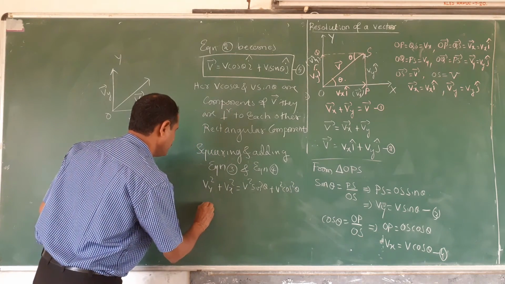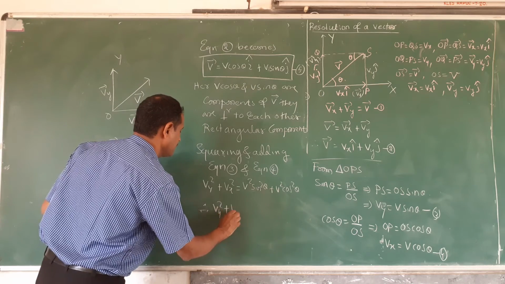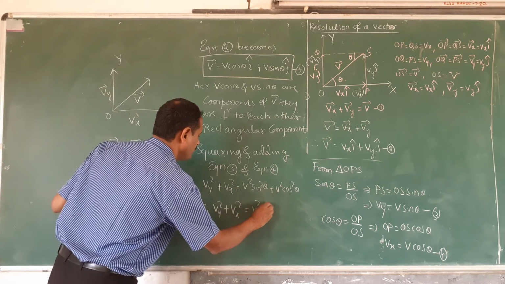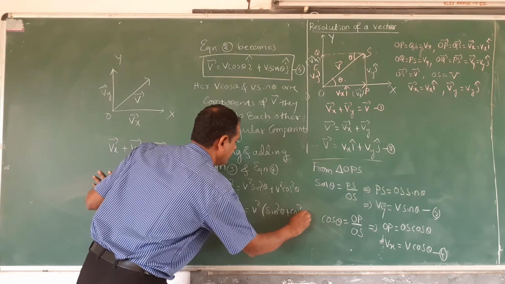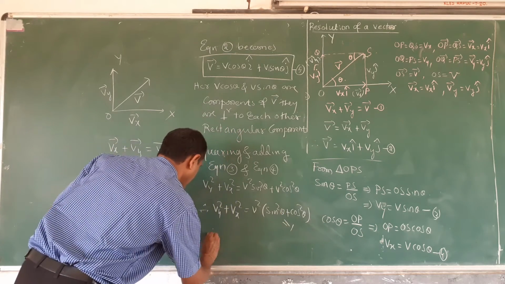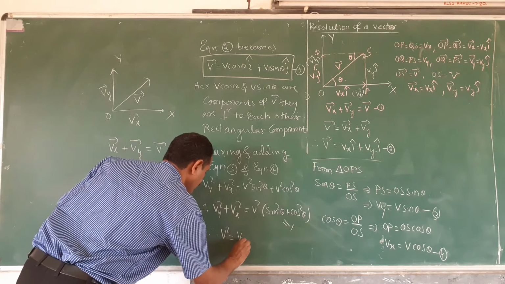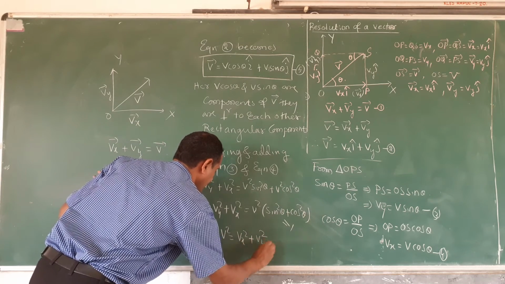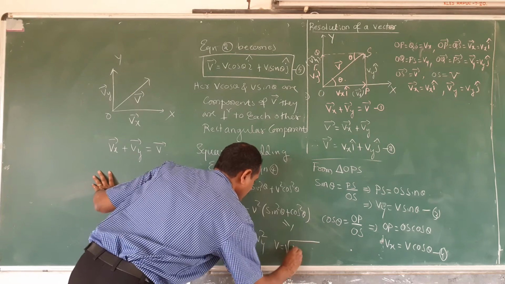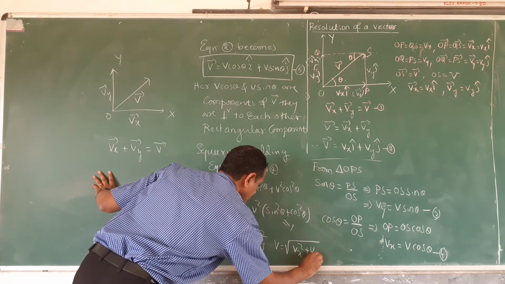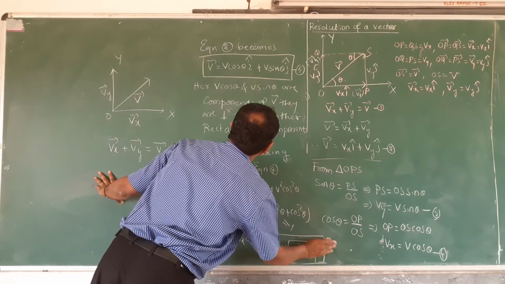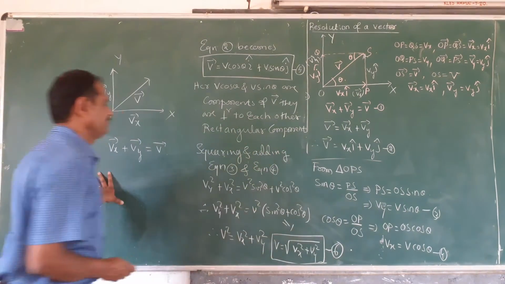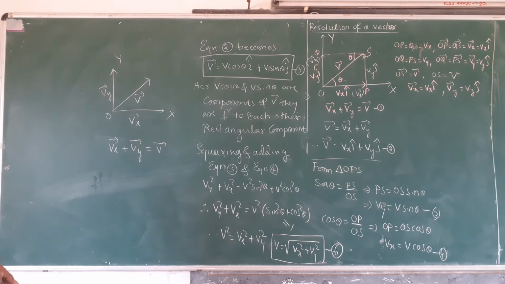Therefore Py square plus Px square is equal to V square into sin square theta plus cos square theta, which is equal to 1. Therefore V square is equal to Px square plus Py square. Therefore V is equal to under root of Px square plus Py square. This is a very important expression for the next point. This is equation number 6.